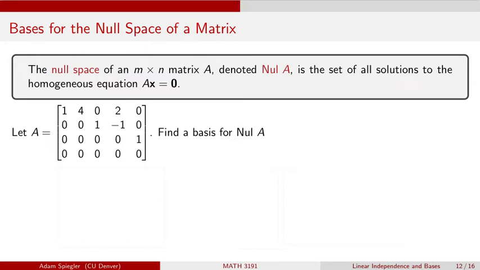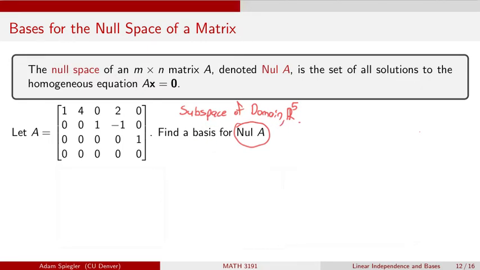We want to find a basis for the null space of A. Recall that the null space of A is a subspace of the domain, since we're considering vectors that we map by A to the 0 vector. So this is going to be a subspace of the vector space R5, and our task is to find a basis for this subspace.